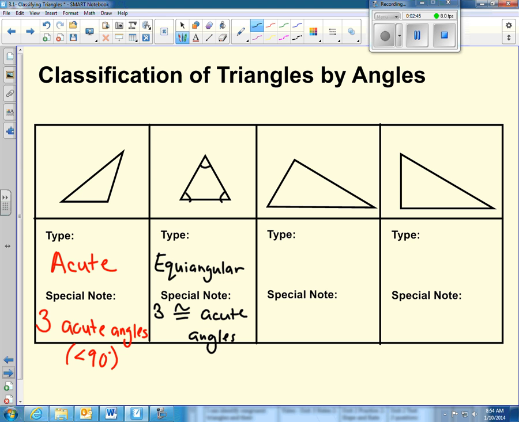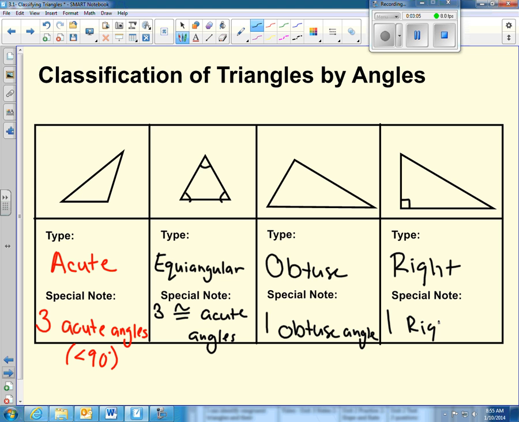Our next one is obtuse, and it has 1 obtuse angle. And our last one here, in your diagram, you'll notice you have that little square in the corner, so that makes this a right triangle because it has 1 right angle. All right, so there's our 4 types of triangles classified by angles.